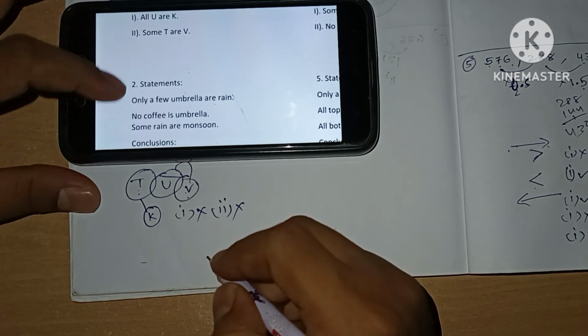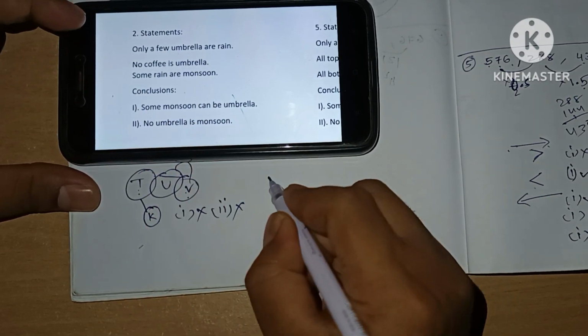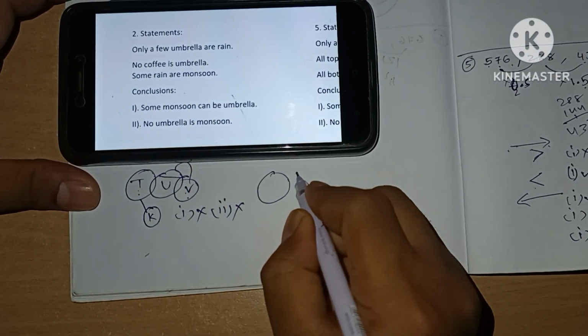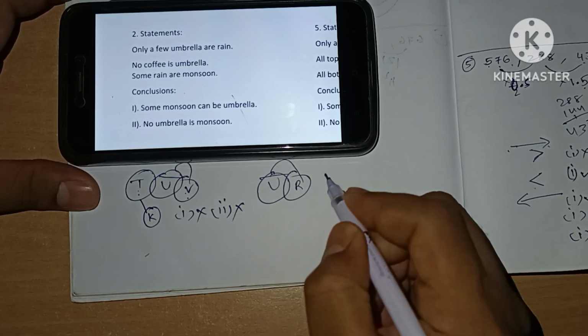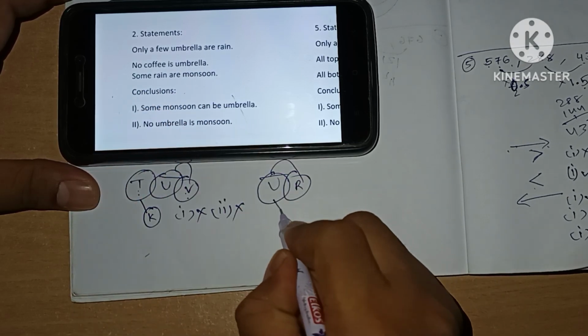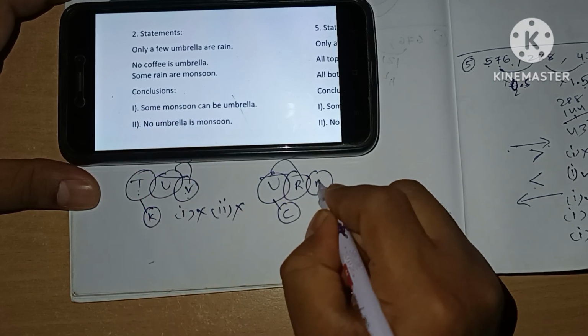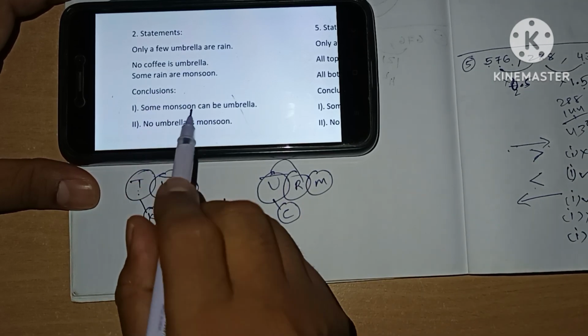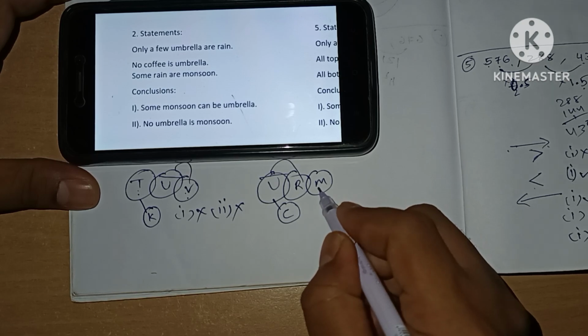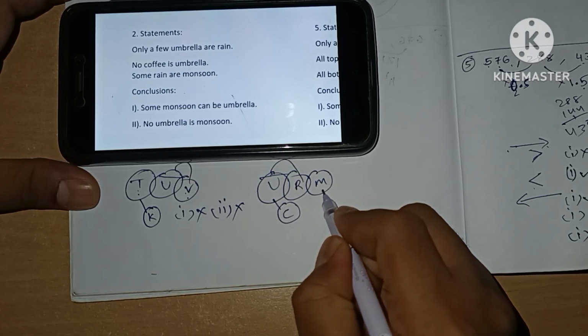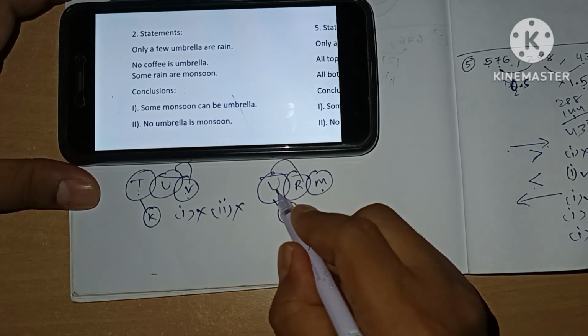Let's see the second question. Only a few umbrella are rain. No coffee is umbrella. Some rain are monsoon. Let's see conclusions. Some monsoon can be umbrella. Some part of monsoon can be shared with the umbrella. Yes, it is possible.